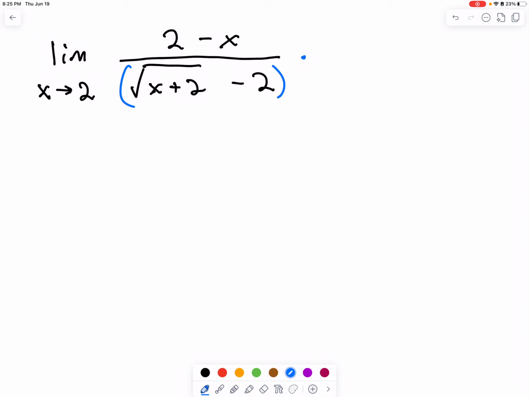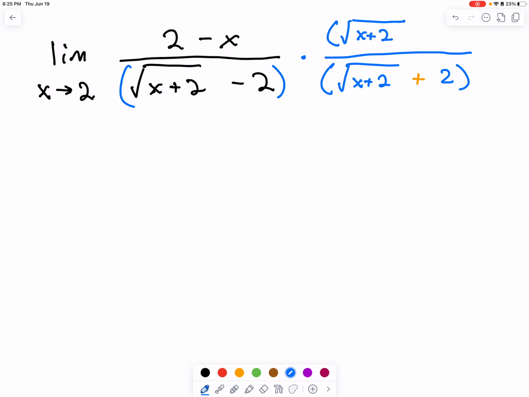We're still going to have this square root of x plus 2, and the conjugate comes here: instead of a minus, it's a plus 2. And we do that on top as well. We're just multiplying by 1, so we're not changing the final outcome, just manipulating it into a form that we can use.